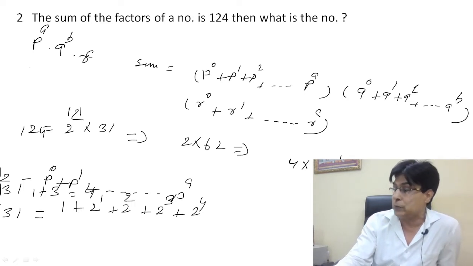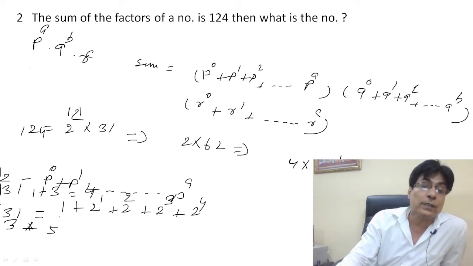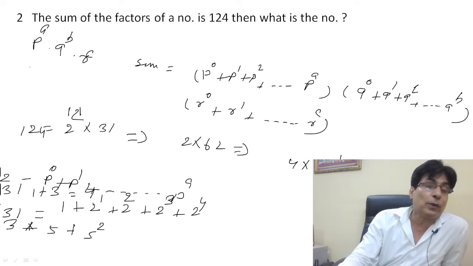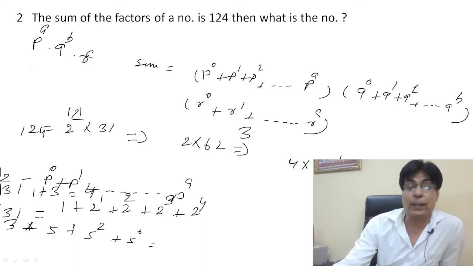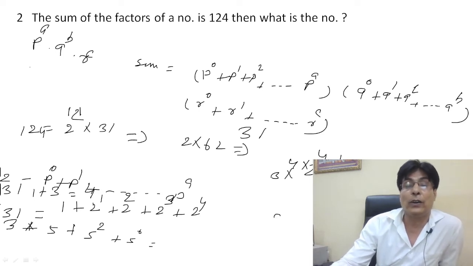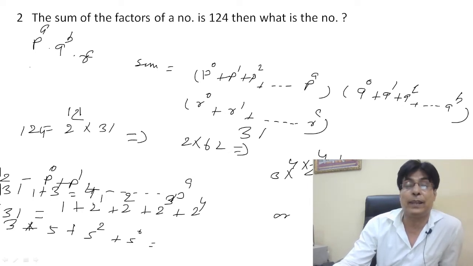And it can also be written as 1 plus 5^1 plus 5^2. Hence, the number must be 3 into 2^4 or 3 into 5^2.